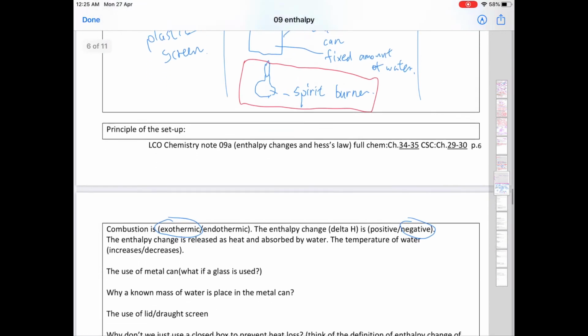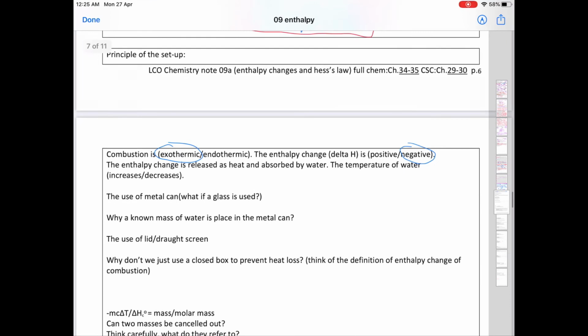And of course, in this case, the water will absorb the energy, and the water will increase in temperature. The metal can is a good conductor of heat, so the whole process will be more efficient.